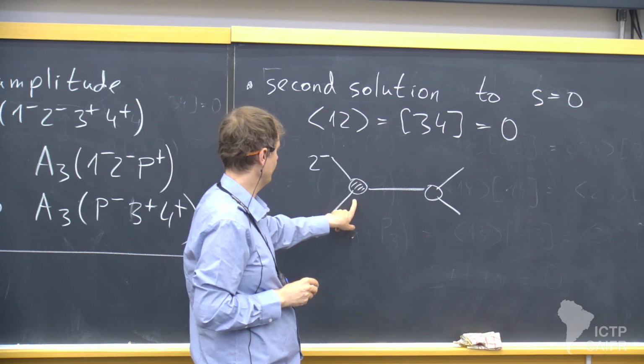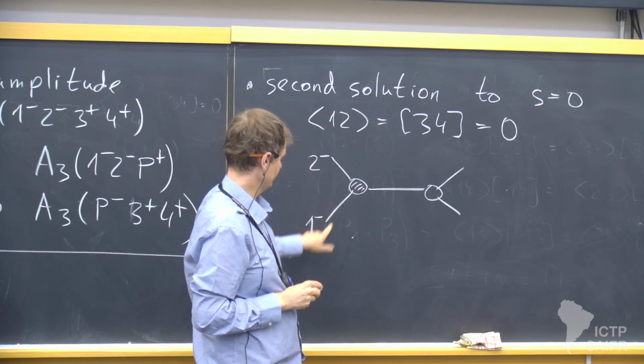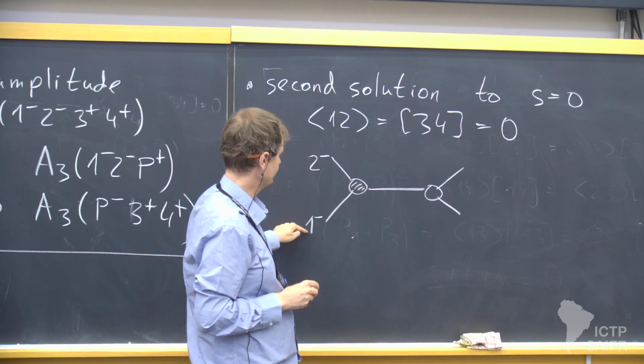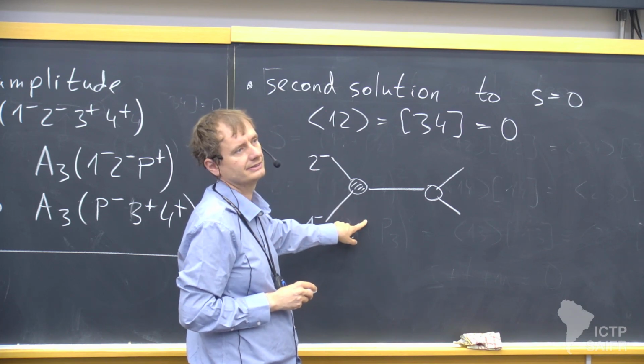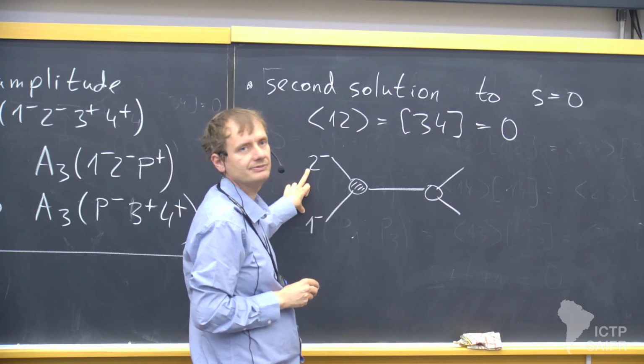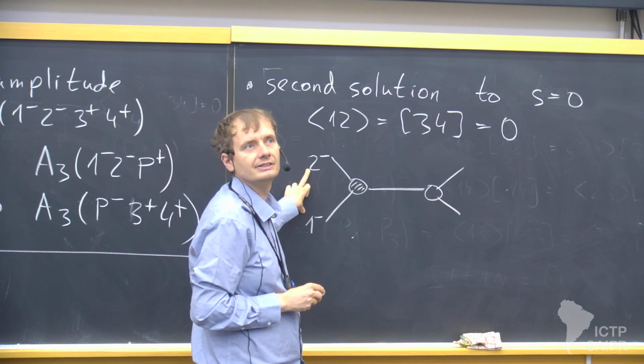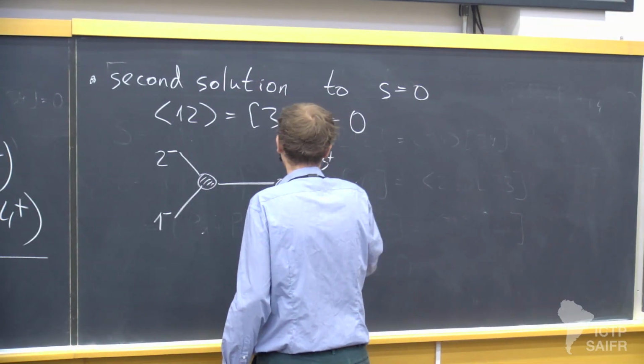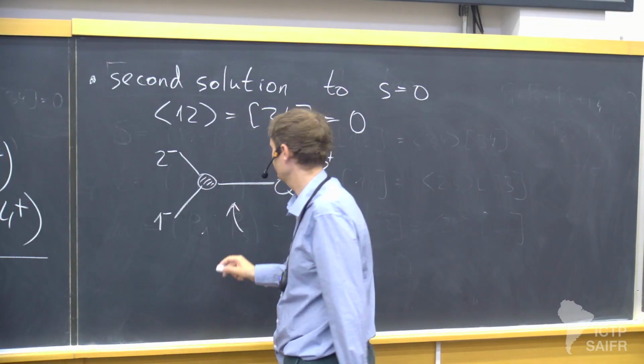However, for the black vertex, the associated helicities were minus, plus, plus. 2 pluses and 1 minus. This is already a violation of this. Okay? Yeah. So there is no helicity assignment which would make it work.